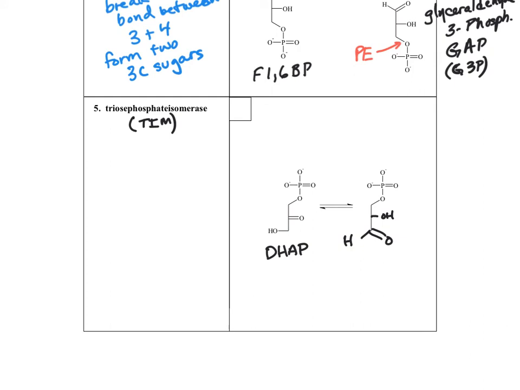And do you recognize, I hope you were primed by this from the previous discussion, but we create another molecule of GAP. That is a critical issue for us. We have taken 2 different molecules, DHAP and GAP, and we've changed the DHAP into a second molecule of GAP. So we now have 2 identical 3-carbon sugars.